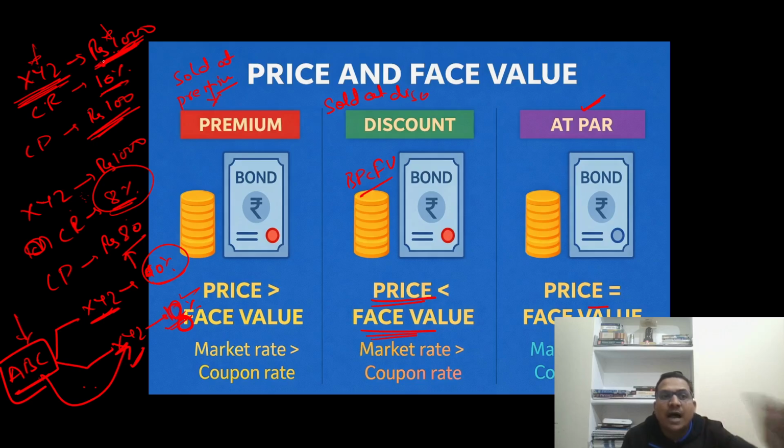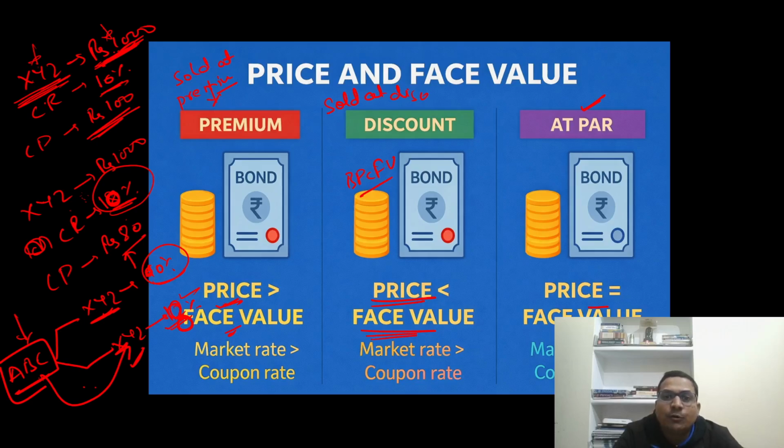Because the demand for this will be more, you are going to sell this 1,000 rupees bond at, let's say, 1,200 rupees. So in that case, your bond price is greater than your face value. And the new bond which has been released has a 10% interest rate only, so in that case, the price and the face value remain the same.